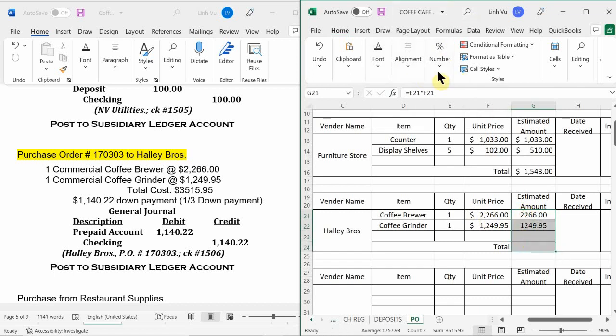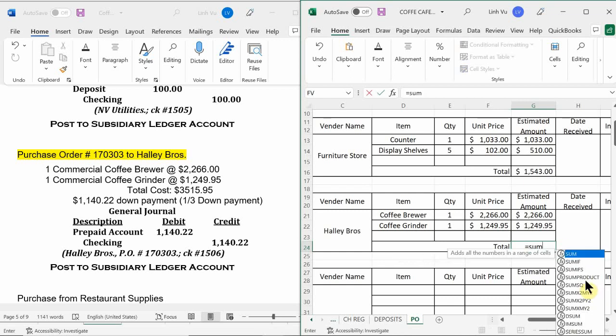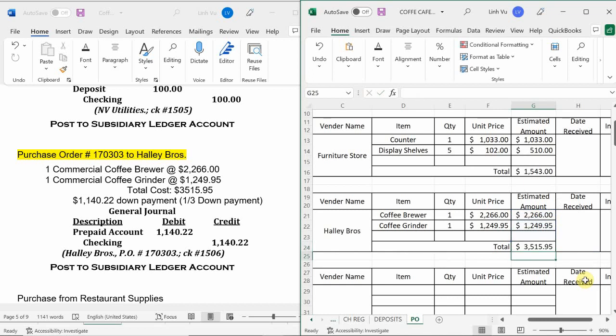So that means in grand total, we owe $3,515.95.